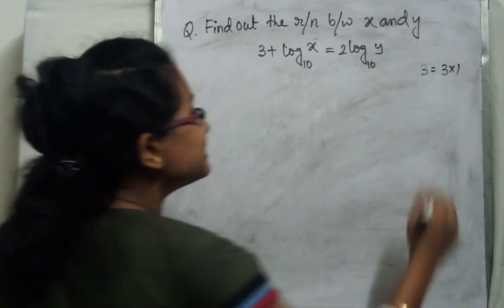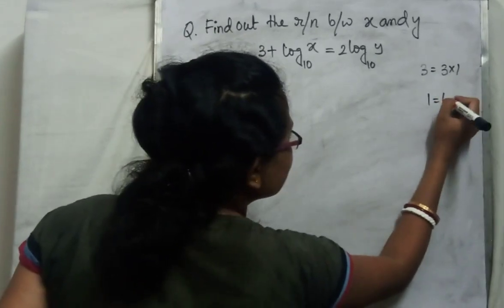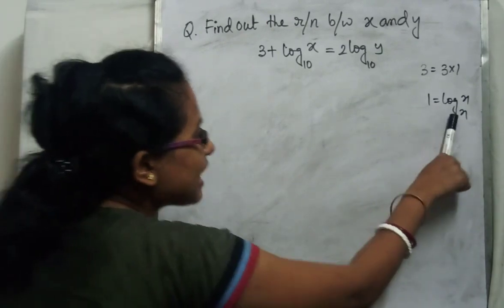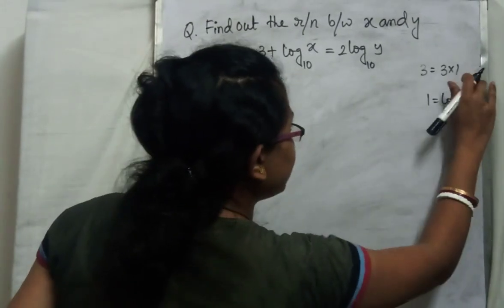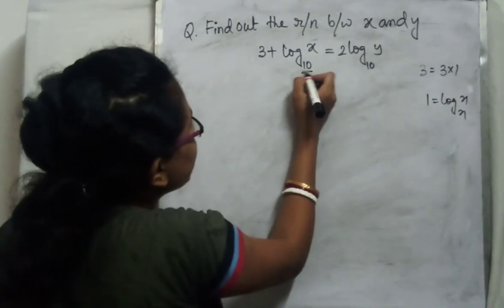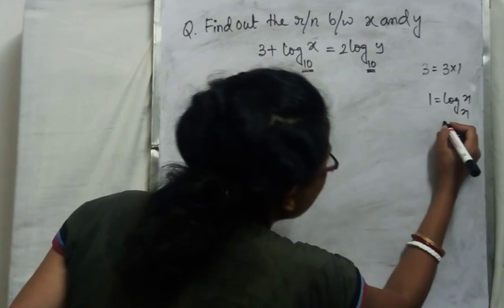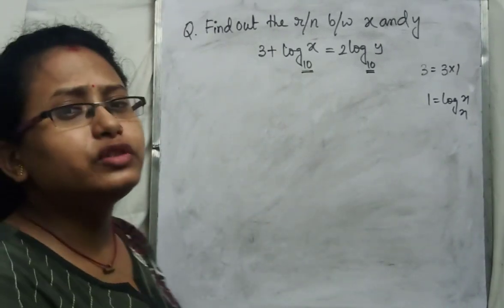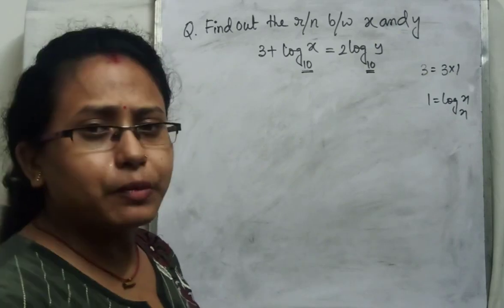And 1 means log of something, and something which is equal here. And here we have base as 10. So we can write log 10 base 10. That is how you have to think about this type of math.